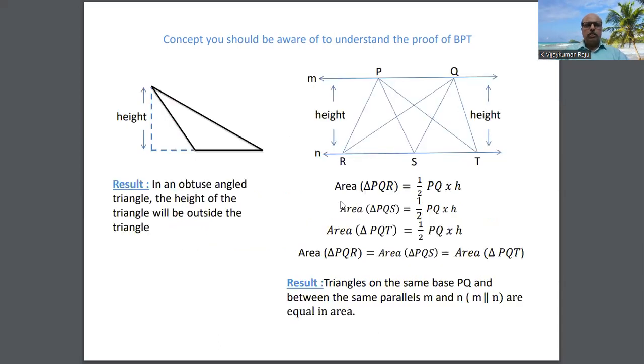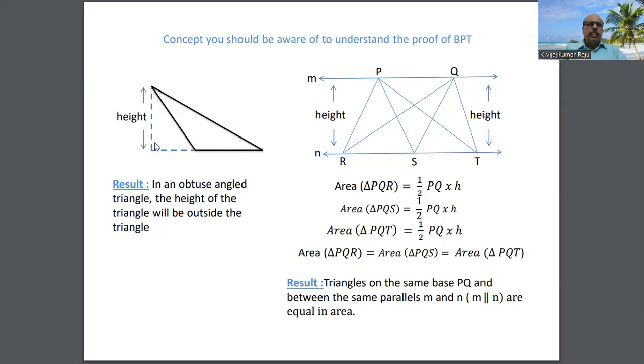Another concept you should know is this: suppose you take an obtuse angle triangle. That means one of the angles is more than 90 degrees. For this particular triangle, if you want to find the height from the vertex, you have to drop a perpendicular to the base, and that is the height.